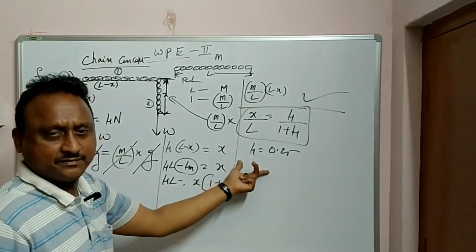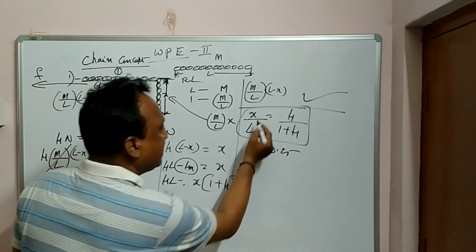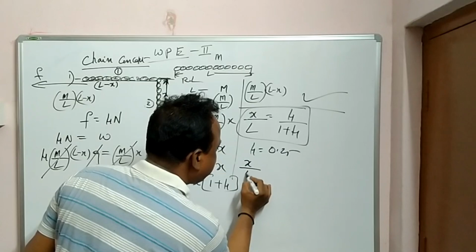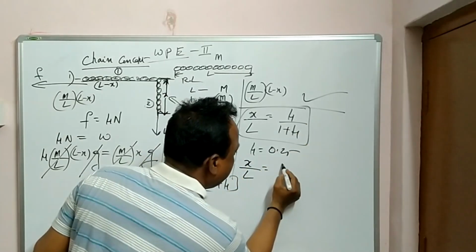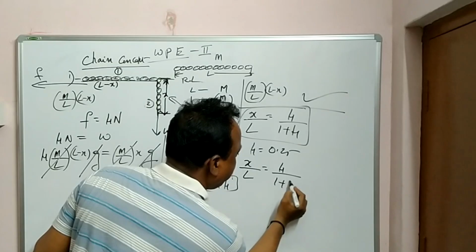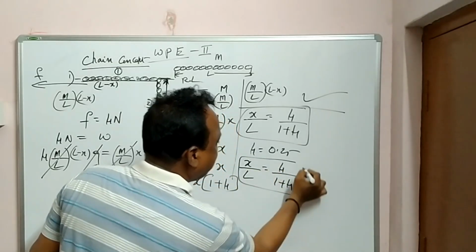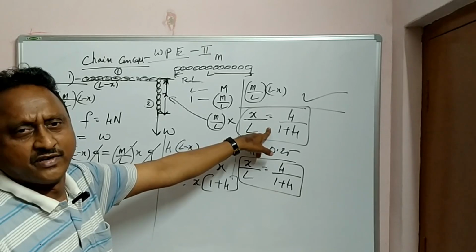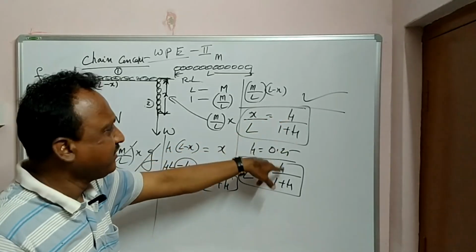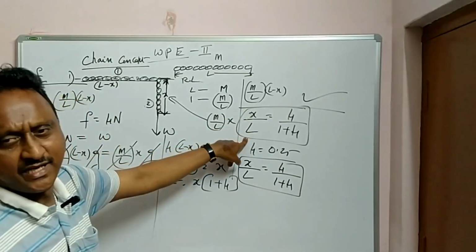You can put the value here. So finally, you can utilize this formula: X by L, the hanging part by the original length, is equal to the coefficient of friction by 1 plus the coefficient of friction. If he gives any values, directly substitute them in this formula, the mu value, X part and L.